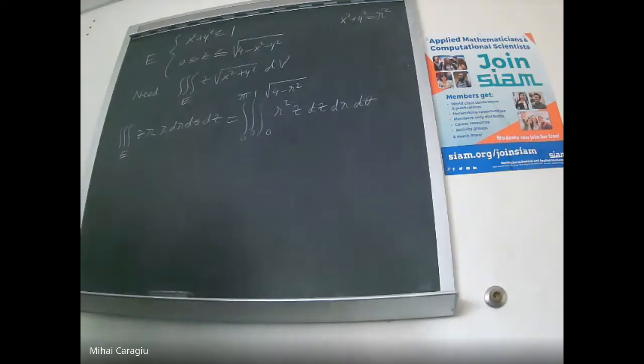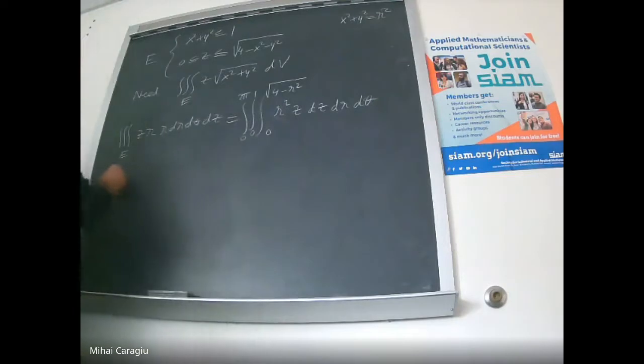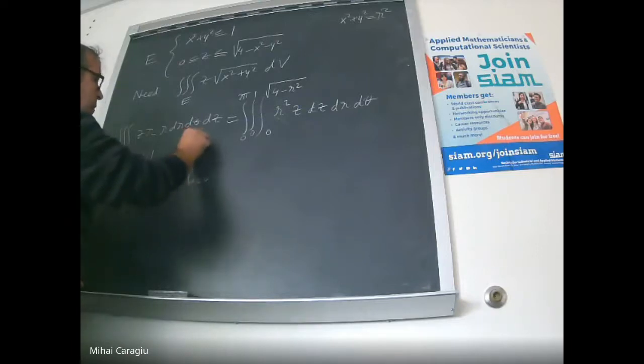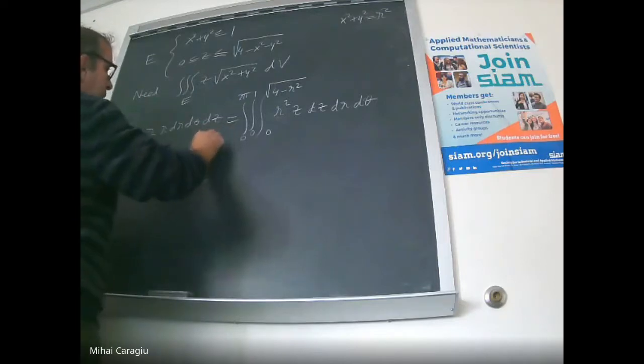Okay, so let's integrate. We move from inside out, so let's integrate the z variable first. Integral from 0 to pi, integral from 0 to 1, r squared z squared over 2 from z equals 0 to z equals square root of 4 minus r squared.